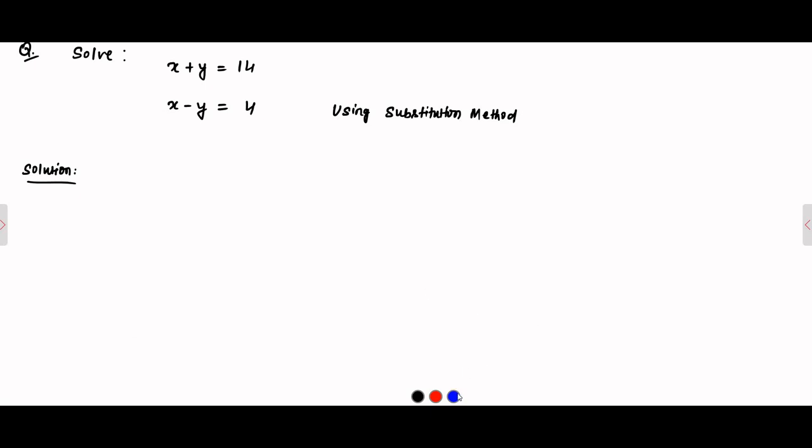So first we'll write the equations as it is. x plus y is equal to 14. Let's say it is equation number 1, and x minus y is equal to 4, and we'll name it equation number 2. Now you can go with any equation, you can pick any equation.